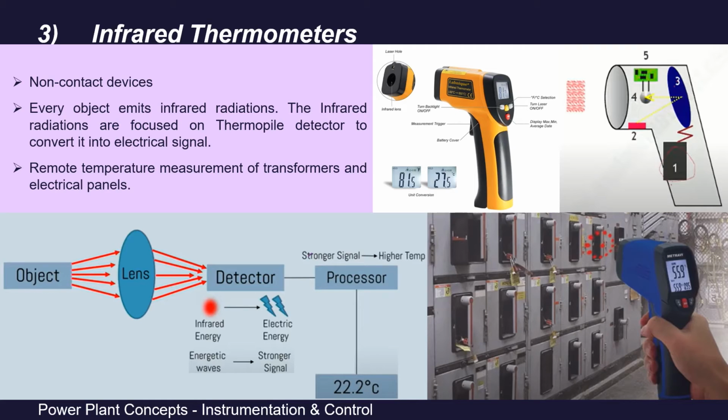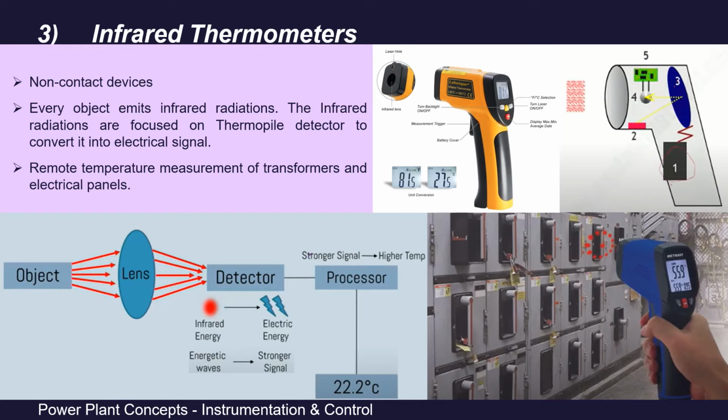In simple sense, a thermopile is nothing but a combination of multiple thermocouples. This thermopile converts the infrared radiation into electrical energy. So the more the infrared radiation, the stronger the electrical signal. That is, the hotter the body, the stronger the infrared radiation, and the more powerful the electrical signal produced.